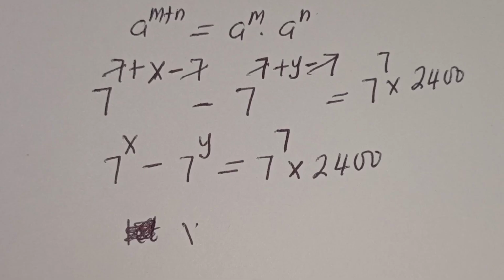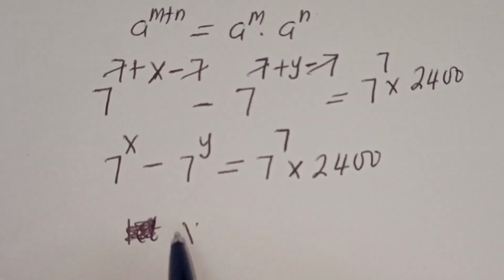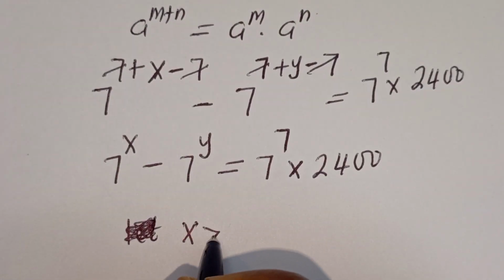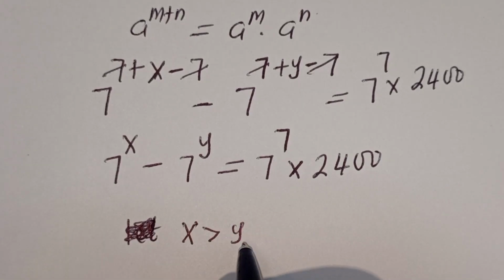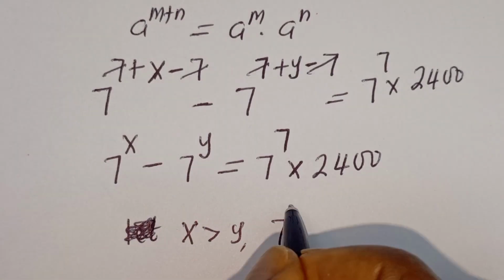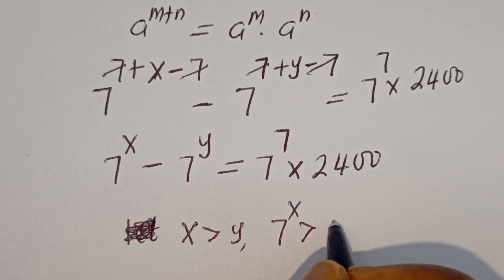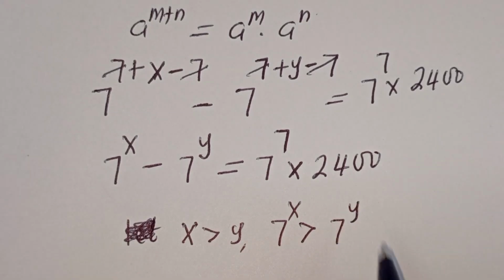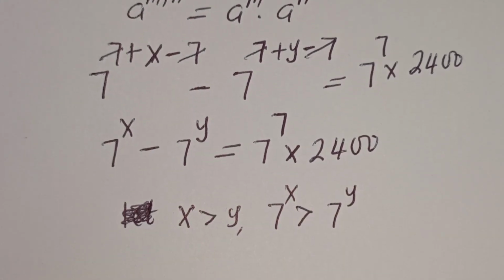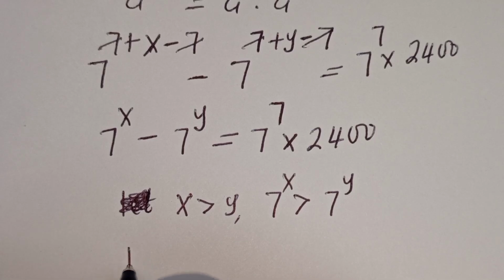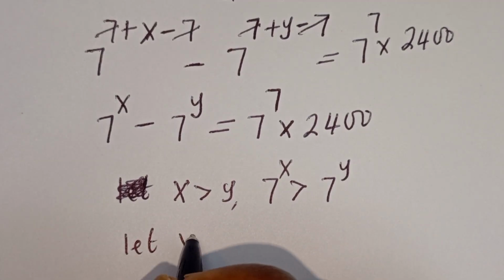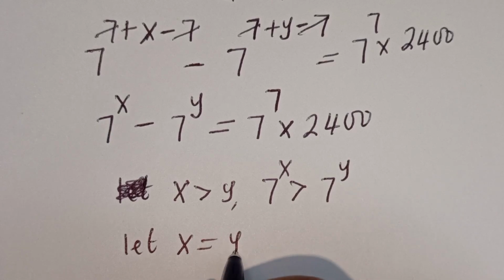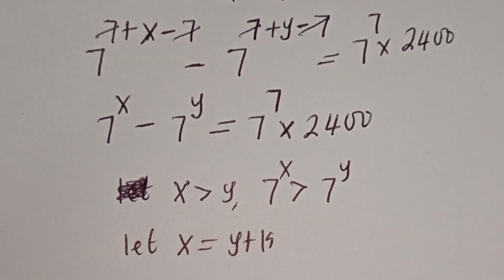Since we are finding the integer solution here, x is greater than y. Also, 7 to the power of x is greater than 7 to the power of y. So we can now say, let x is equal to y plus k.